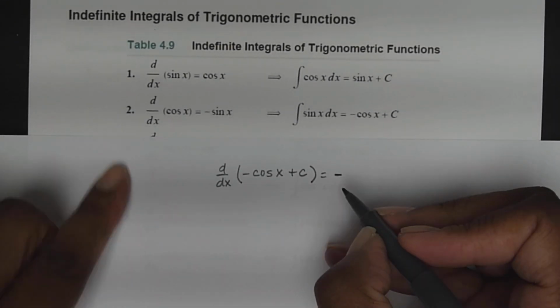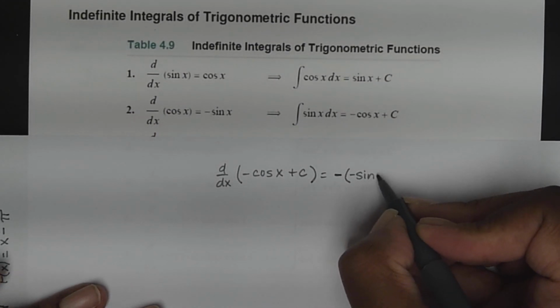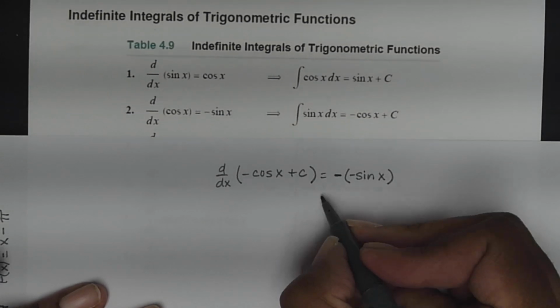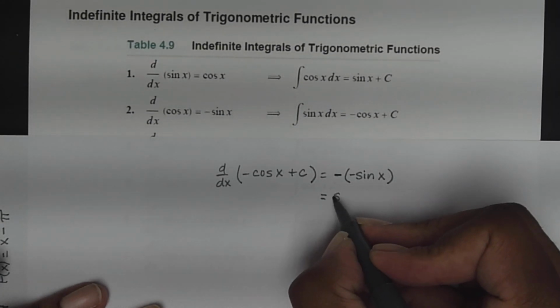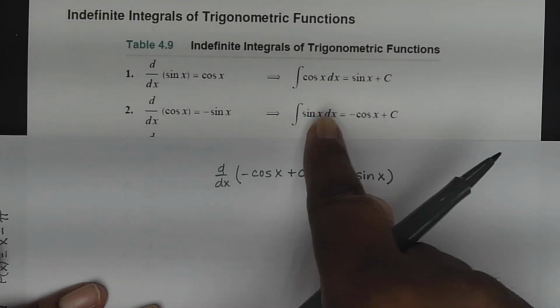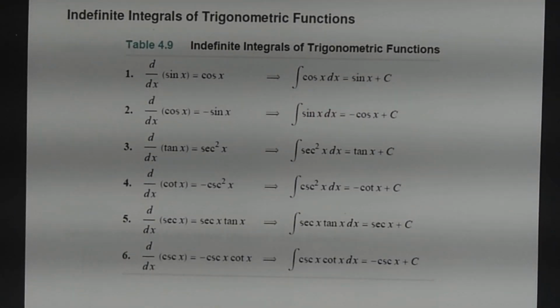The derivative of the cosine is negative sine of x, so I have negative of negative sine of x, and the derivative of the constant is 0. Negative times a negative will be a positive, so it'll be sine of x, which is this integrand that we have here. That's why it's like that.